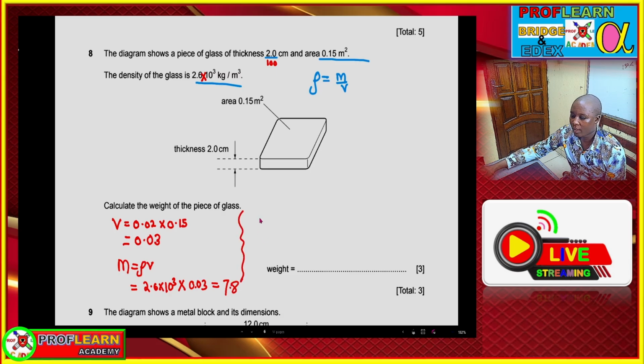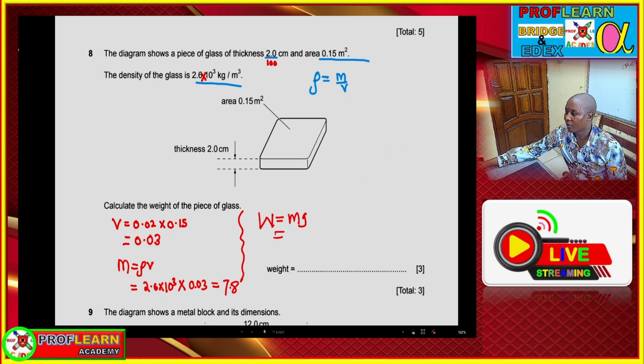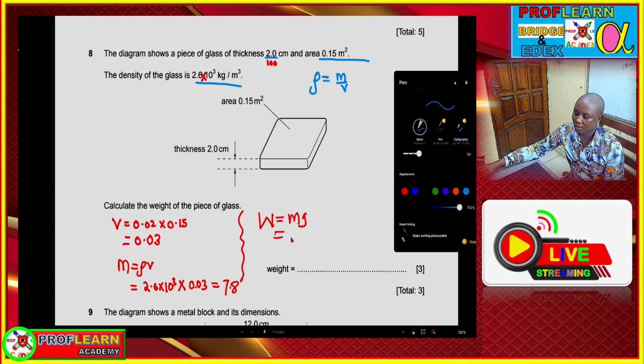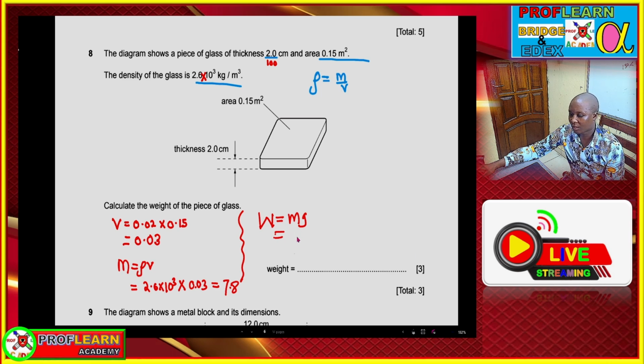But weight is equal to mg. And in this case, we have the mass as 7.8.